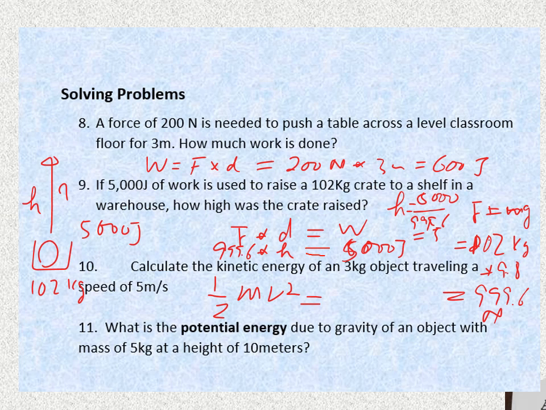How do you solve for h? h is actually equal to this 5,000 divided by this. And then you get something like 5 meters, right? So the answer is you're going to raise it 5 meters. You don't have to remember this, okay? But that's the answer. So in other words, 5 meters times the force gives you the joules.